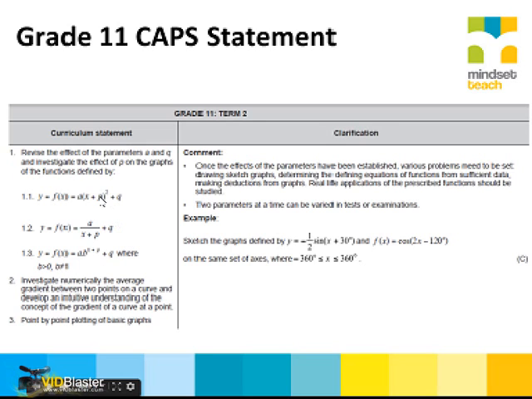In all 3 cases, we have x plus p. Where the x was, there's now a plus p, and that is the characteristic of horizontal shift. So q is vertical, p is horizontal. Correct. And that's something new that we see in grade 11.